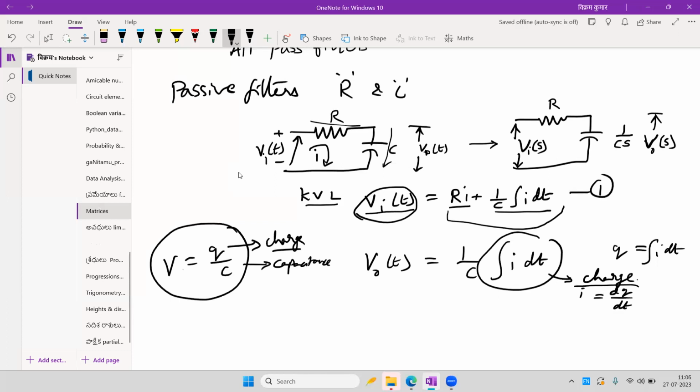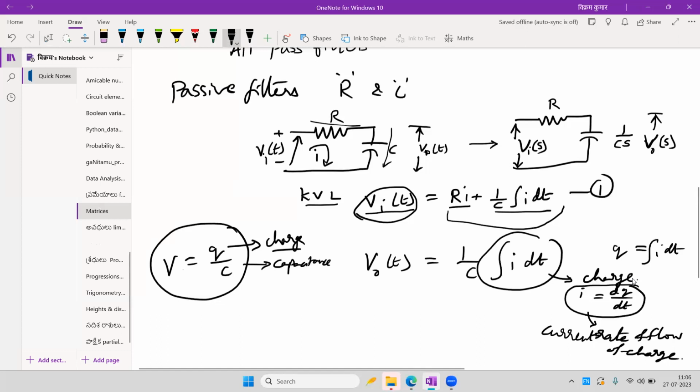So i is equal to dq by dt. That is, rate of flow of charge is called current. Current is nothing but rate of flow of charge. So i is equal to dq by dt, or q is equal to integral i dt. So this is how we can define the basic terms.